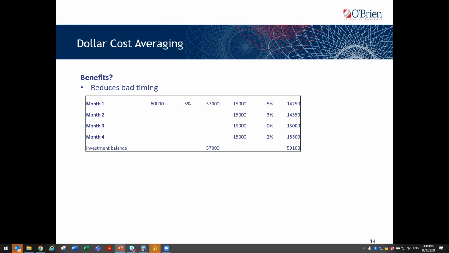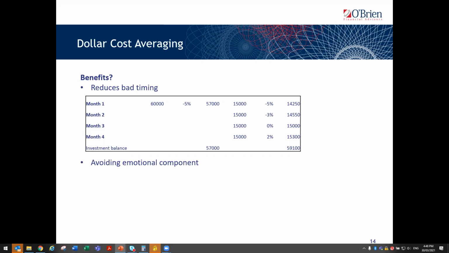In month one, for example, in scenario one, if you invested $60,000 and the market dropped by 5% immediately, or even next month, the investment balance then drops to $57,000 almost immediately. Whereas if you spread that across 4 months, the risk of reduction is reduced quite a lot as well. That's $2,100 that you will not have to make up.